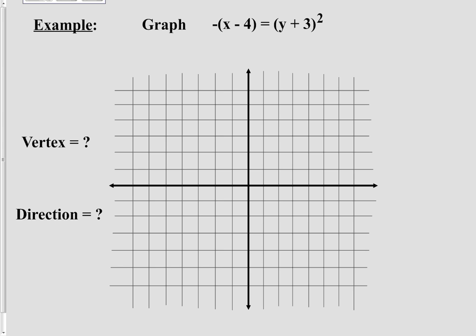Well, reading straight from the equation, our vertex is at 4, negative 3. Once you have your ordered pair, you can plot your point. Now we just need to address the direction that the parabola is going to open. The first dimensional variable is x, and it carries a negative sign. So once again, our parabola is opening to the left.